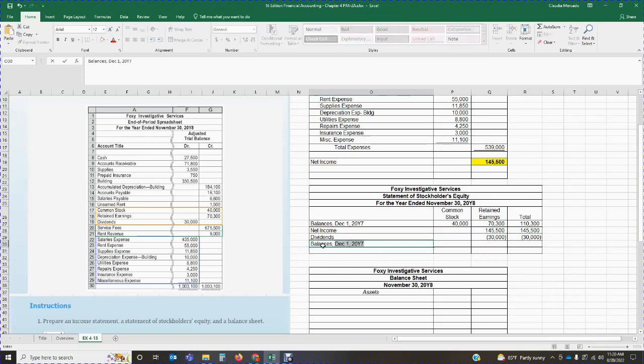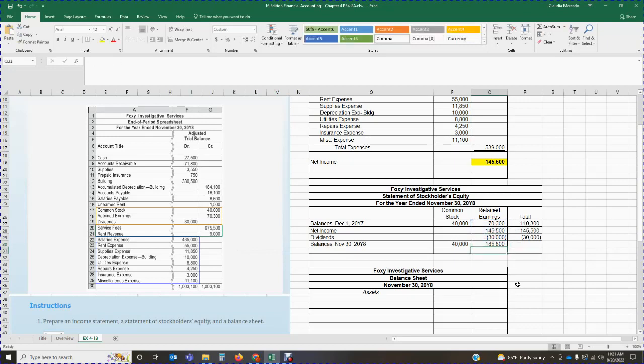Okay, now we can get our ending balances. Okay, and we're getting our balances as of November the 30th, 20Y8. Okay, so what we're going to do is we're going to just bring the totals down. We're going to add our total common stock, 40,000. We're going to add our retained earnings column.